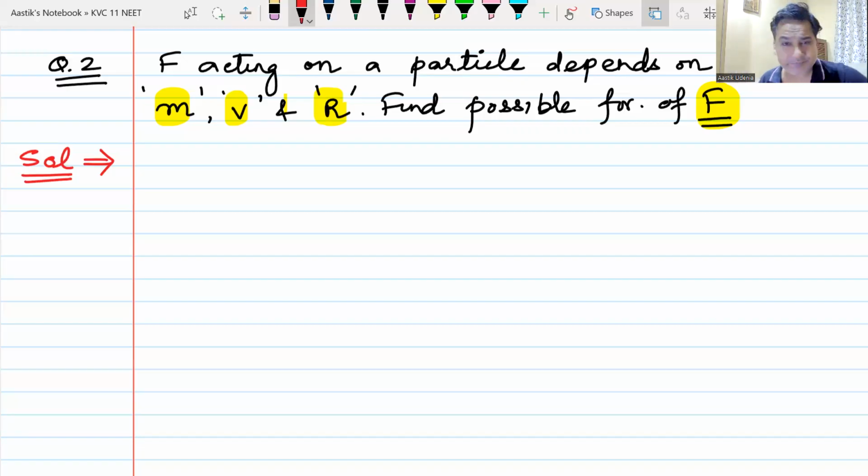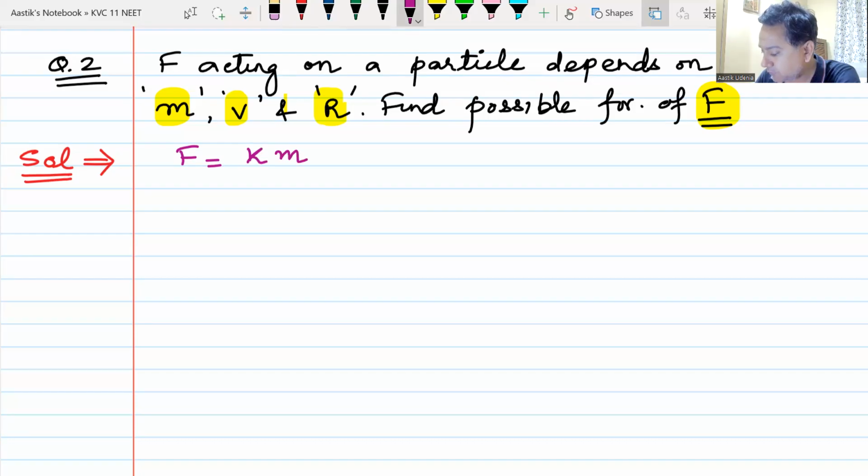Shall I do it for you? Okay. So how are we going to do this? I am going to write force F equal to K. This K is a number. I cannot get the value of this number.